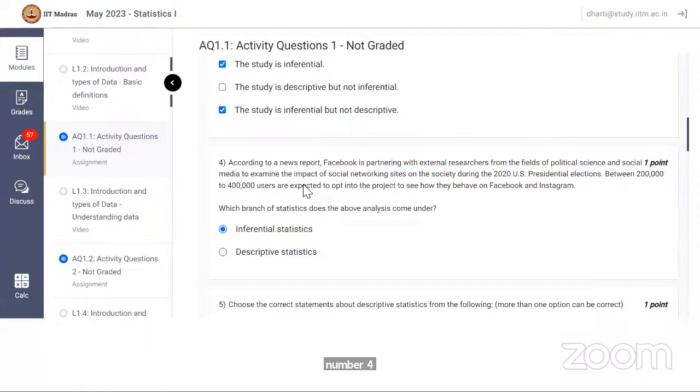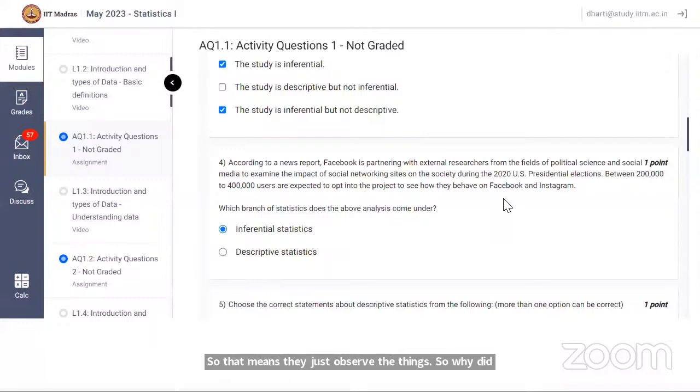In the last part of the sentence, they said to see how they behave on Facebook and Instagram. So that means they just observe things. So why is this inferential statistics? It should be descriptive statistics. See, what is this?